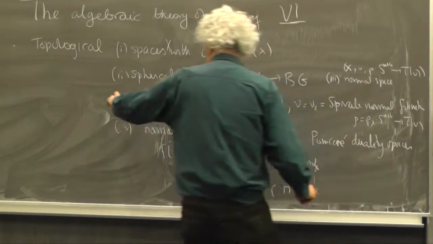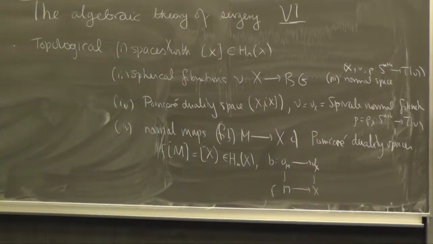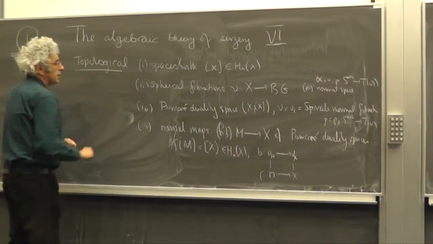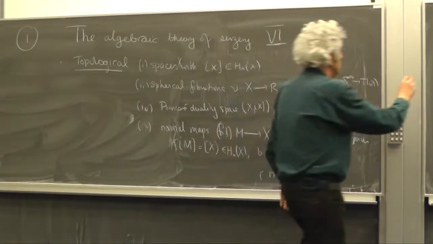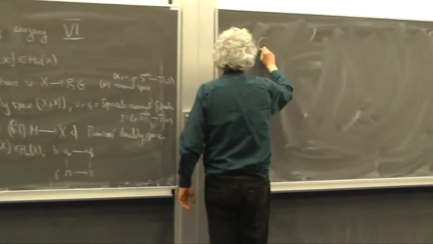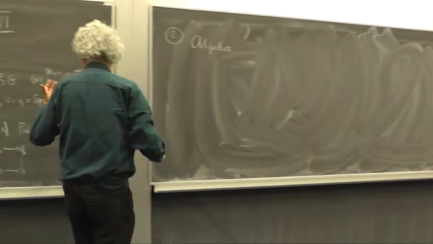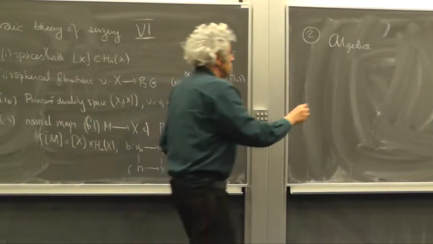so there are 5 objects in topology now, and all have algebraic images. So this is the topological side, and on the algebraic side are chain complexes with extra structure.